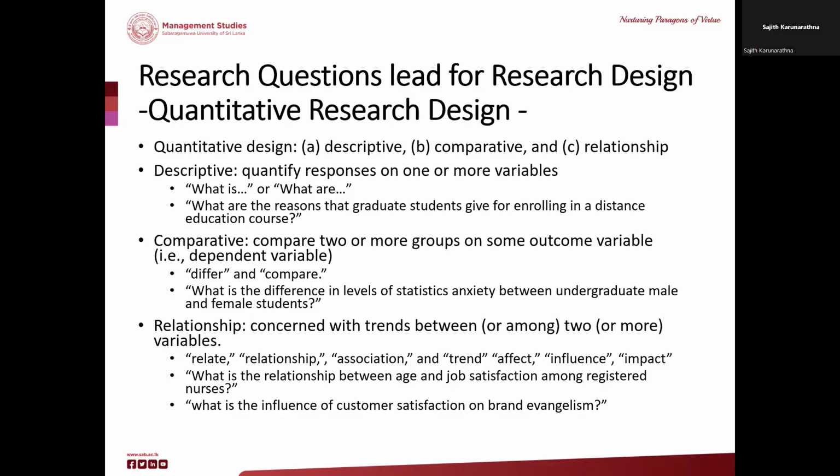Then it should be explored. You cannot give an exact answer. There is no objective answer for that. It is subjective from person to person. So you cannot use why nature of questions in quantitative design. Remember that.